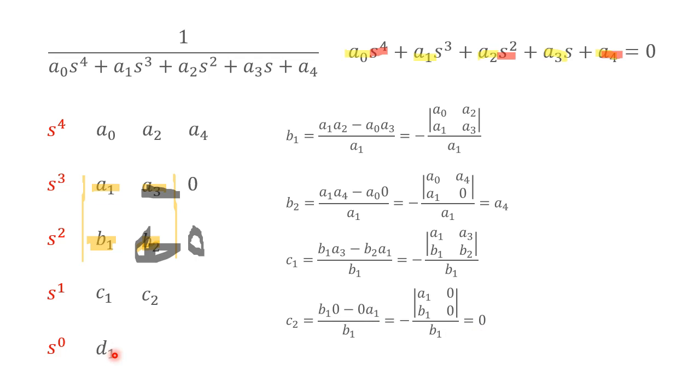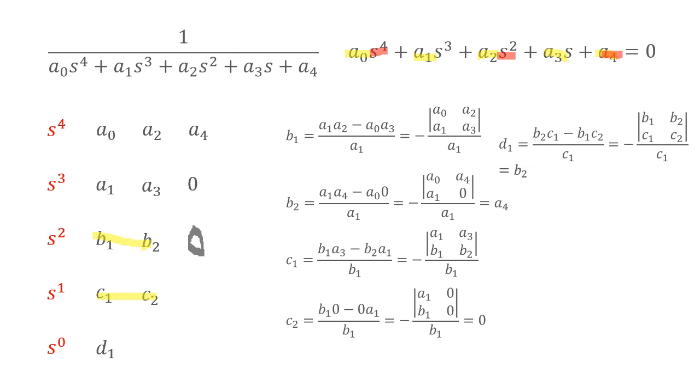Now we will come to D1. What will be D1? This term will be 0 here because here are 0, so this will also be 0. In the same way, we can calculate D1 by taking these four terms: C1 into B2, B1 into C2, upon C1.